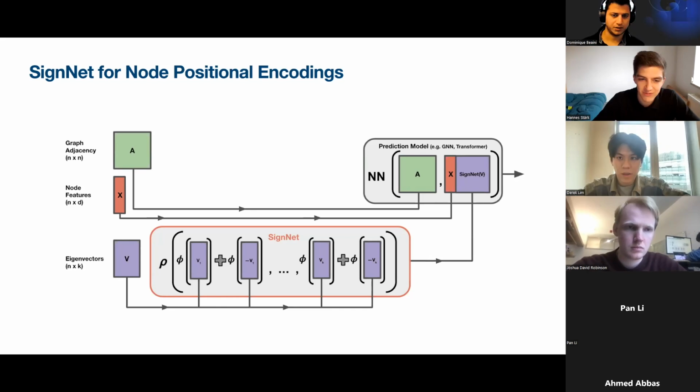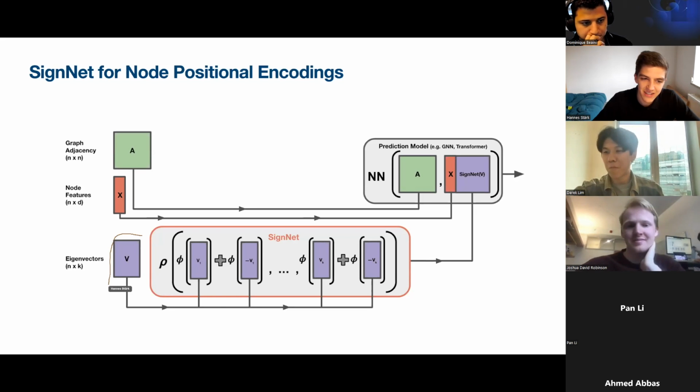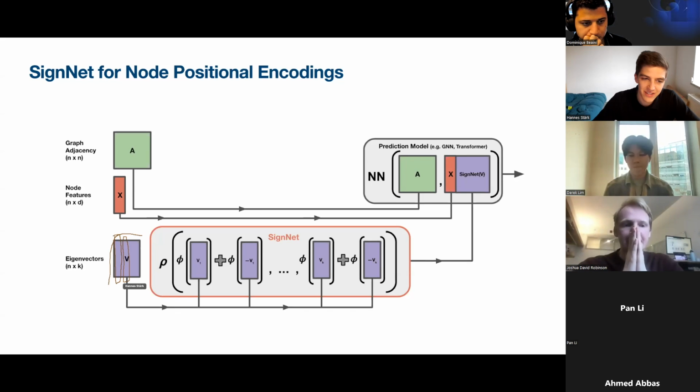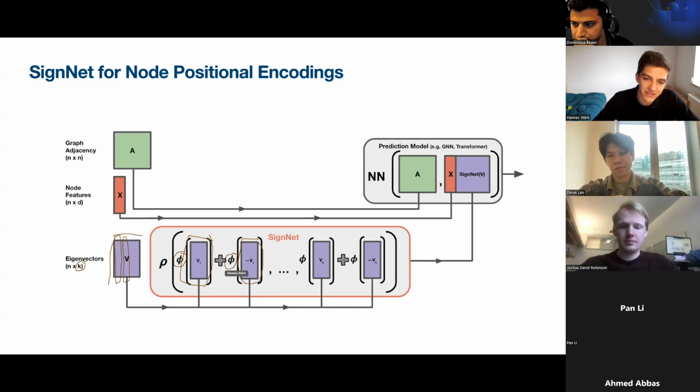Okay, so just again: we take our Laplacian, we calculate the eigenvectors. Now we have an eigenvector here and another one here and so on. We take k of those. Then you put the first one here into this phi, and then you put the first one negated into the phi, but we always have the same phi here, right?